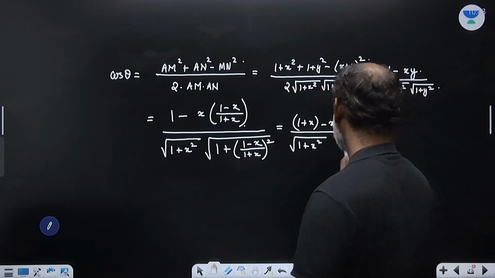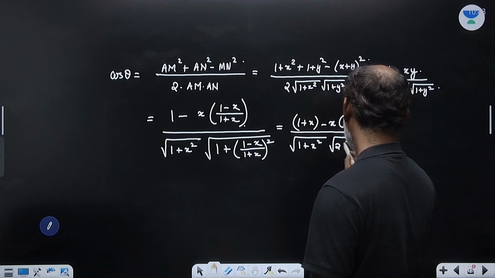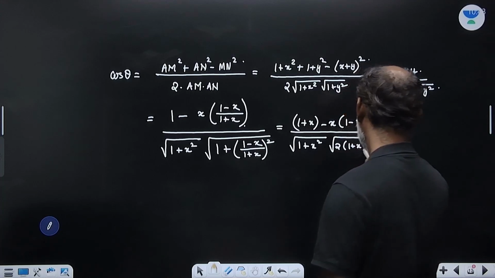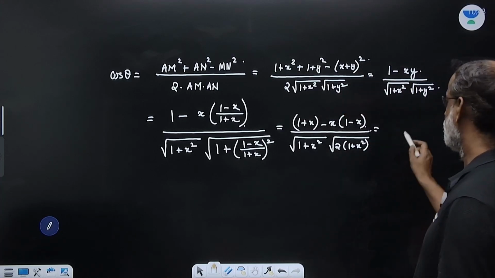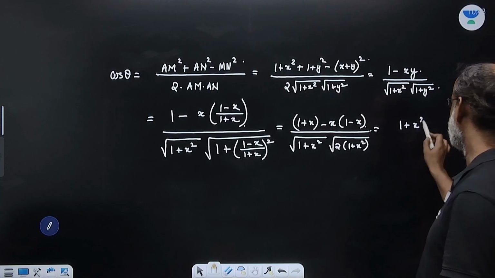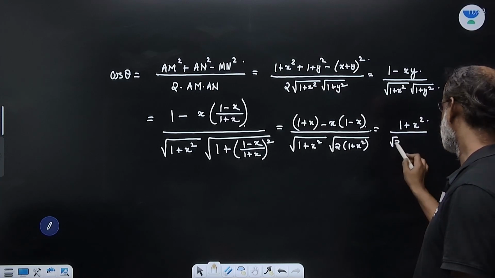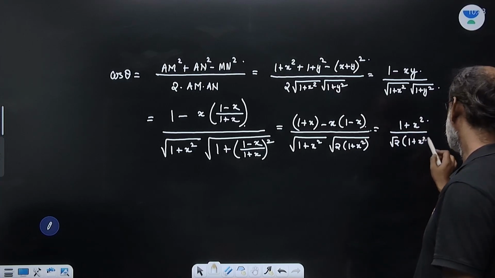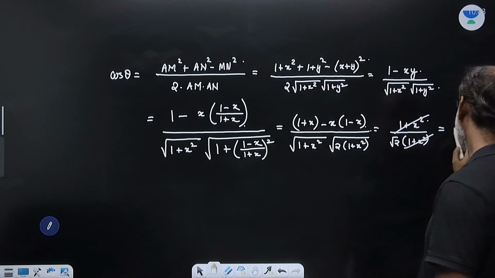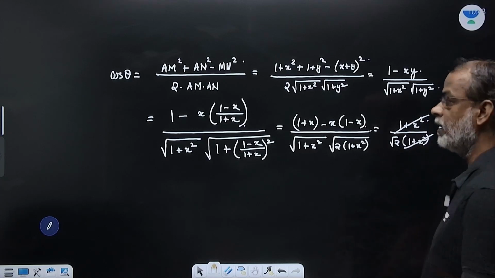So this is root 1 plus x square. It incidentally turns out to be independent of x.